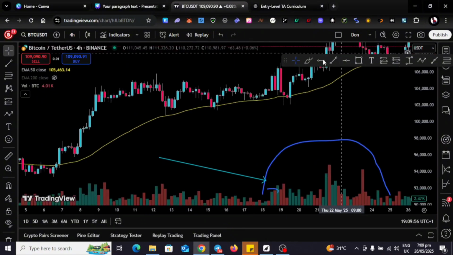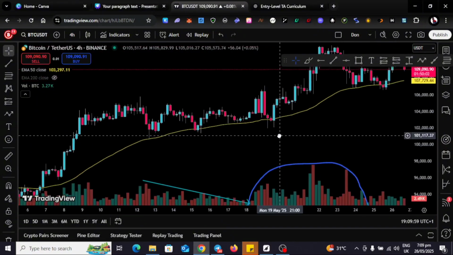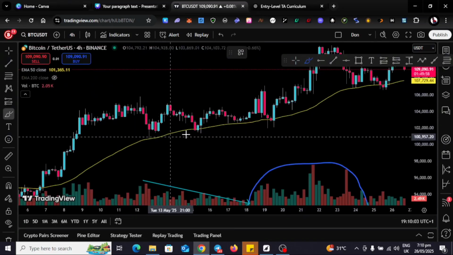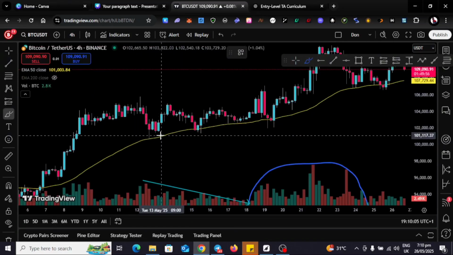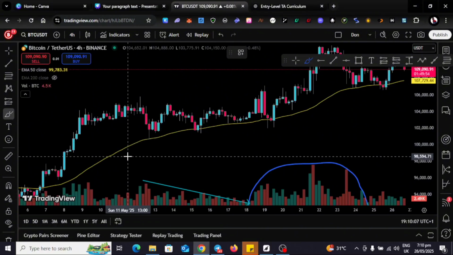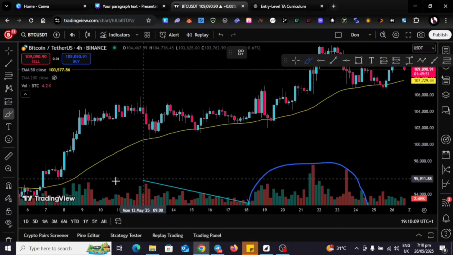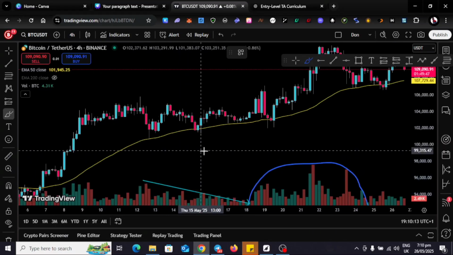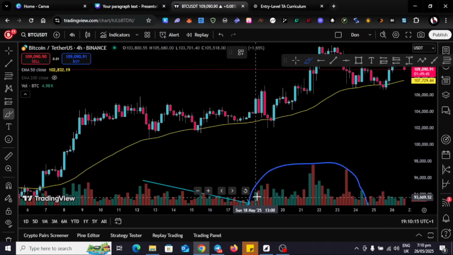So like here, in this area now, if you are trying to use this trend line, this moving average as your entry, you can see that since you noticed that the volume is decreasing, all you needed to do is wait for a volume increase, which happened around this area.